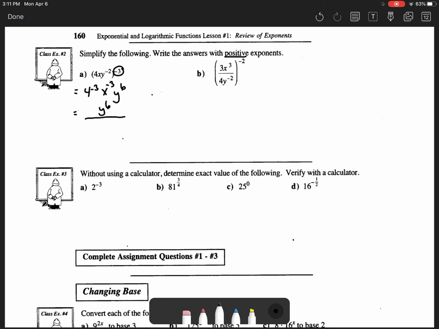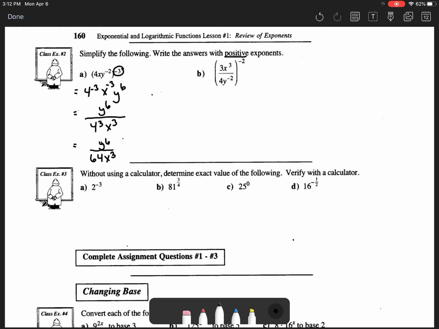In this case, the y to the exponent of 6 stays in the numerator, but 4 cubed and x cubed move to the denominator, and then I can actually evaluate 4 cubed. So 4 times 4 times 4, which is 64 x cubed. And there's your simplified expression: y to the exponent of 6 over 64 x cubed.